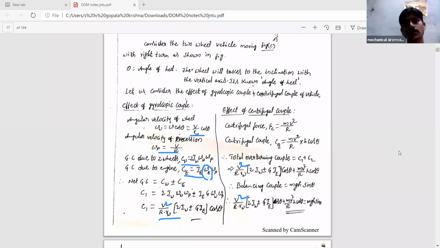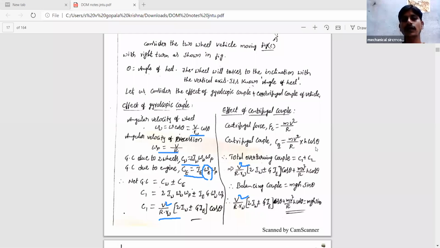And any other doubts? Observe the smallest amendment between the four-wheel vehicle and the two-wheeler vehicle: omega suffix w is replaced with omega cos theta, and h is replaced with h cos theta. Why? Because here we have the angle of heel while taking the turnings.